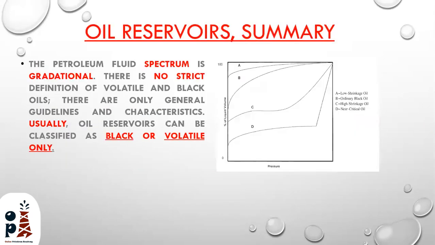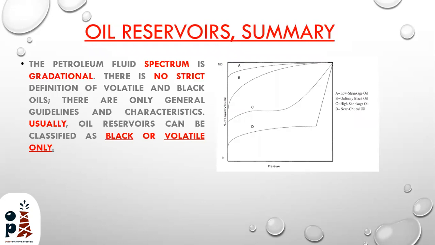Summary, oil reservoirs. We have this plot for the various oil reservoir fluids. We have the low shrinkage represented by the curve A, B representing the ordinary black oil, C for high shrinkage, and D for near critical.